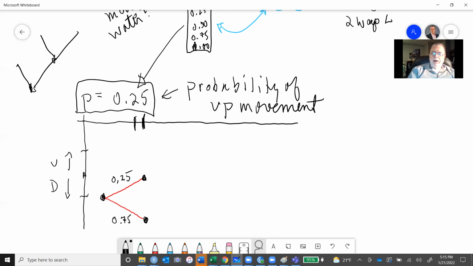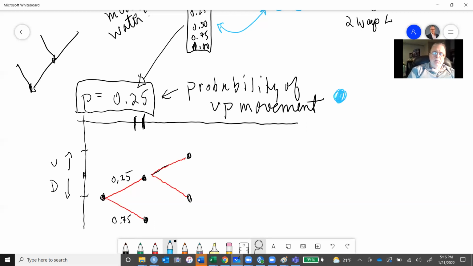And the second one is, now remember what an up and a down is. But this is just the basic structure. Up, down. We're going to say an up movement is water.